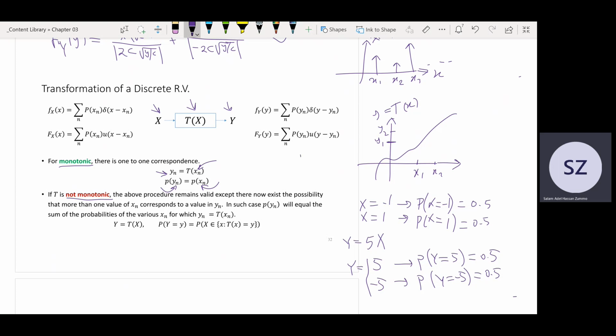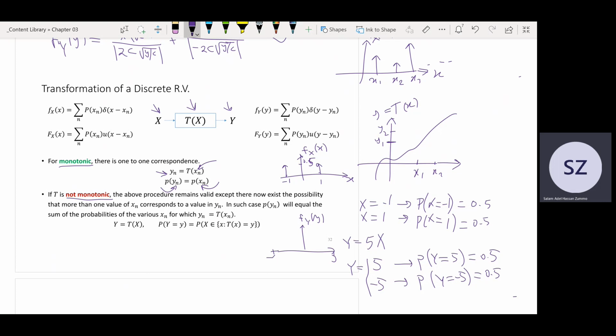You end up with the same PDF. However, what was the PDF of x? Two fingers, right? At minus 1 and 1 with 0.5, 0.5. And what about y? Is it the same? Where are the deltas? Minus 5 and 5.